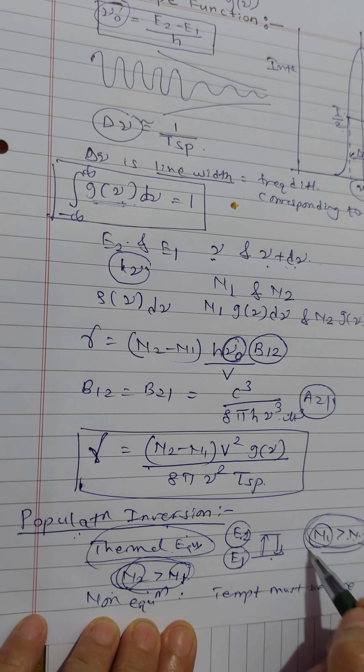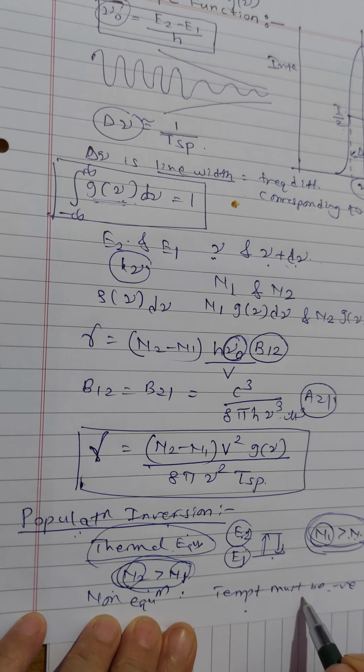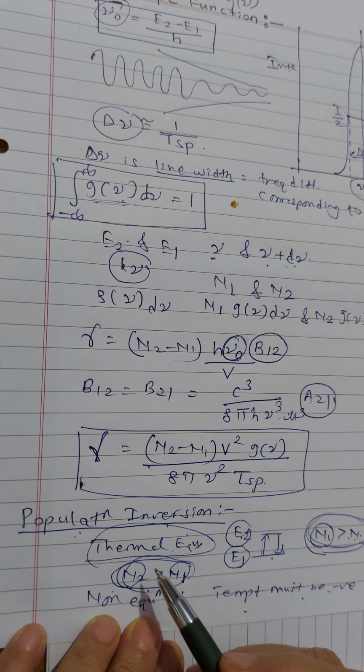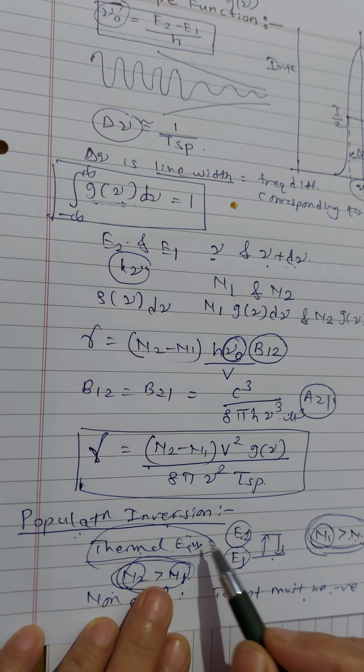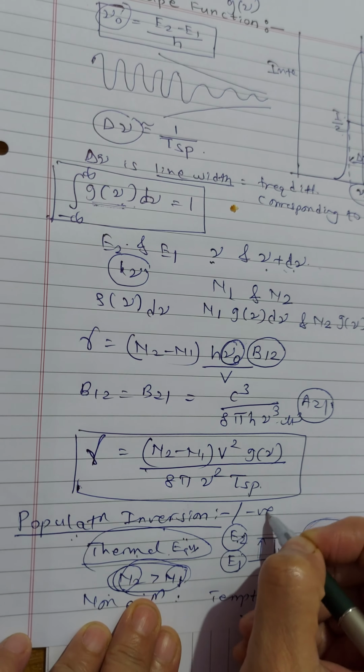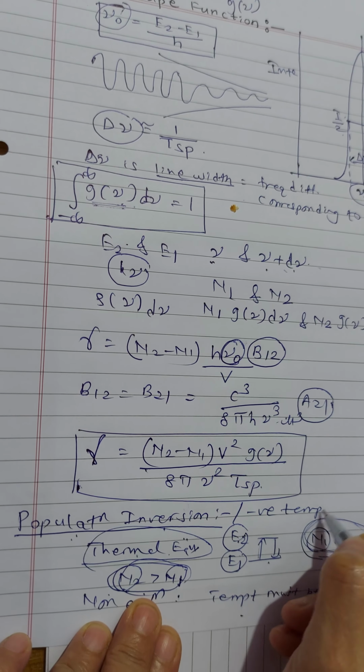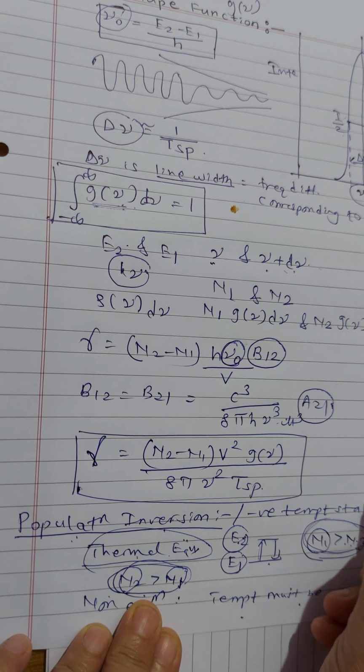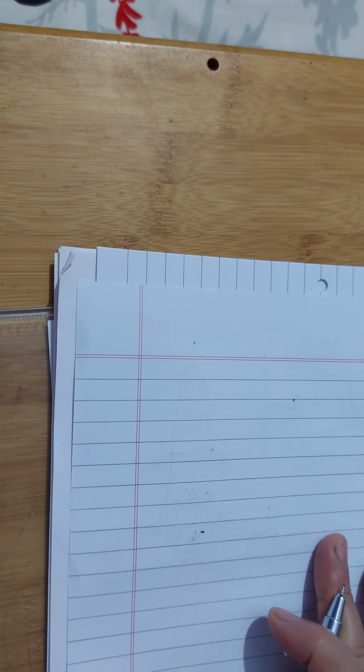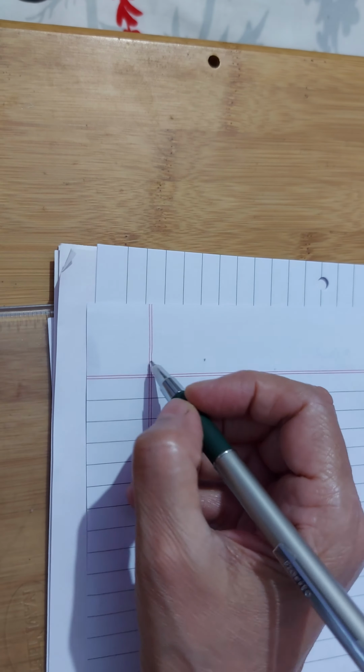You will always get N1 greater than N2. So the temperature must be negative, and therefore population inversion is also known as a negative temperature state.